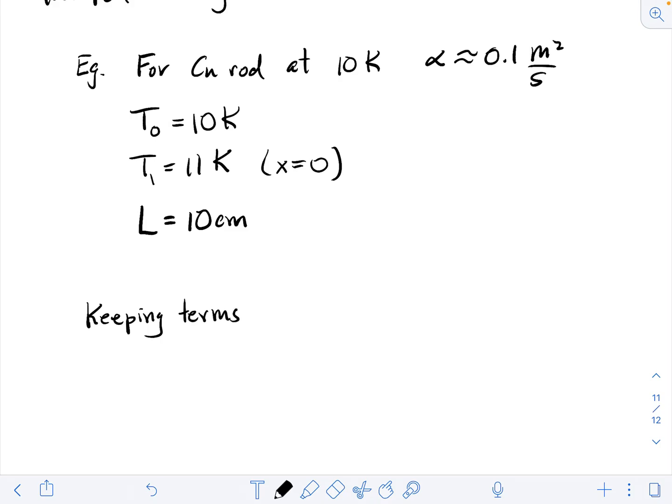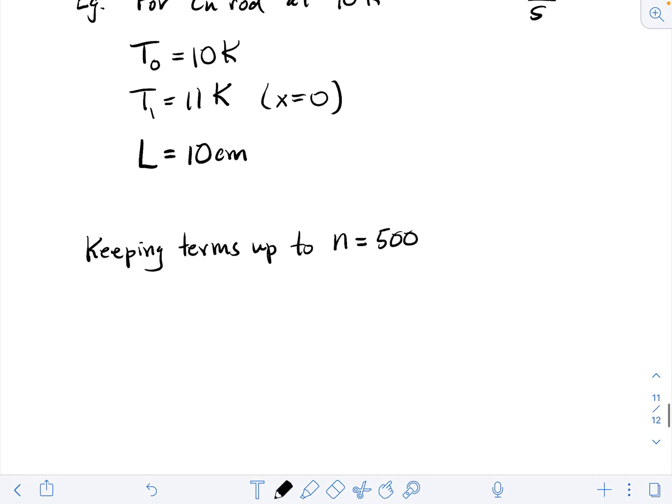So keeping terms up to n equals 500, here's a plot for x equals 0.05 meters or 5 centimeters. So it's at the midpoint of the rod.